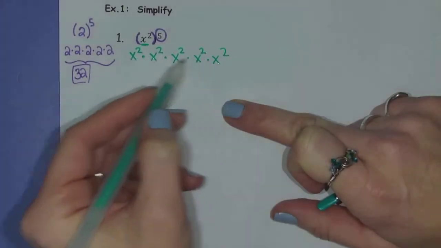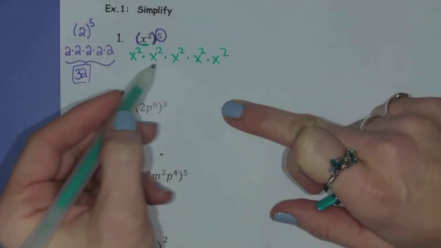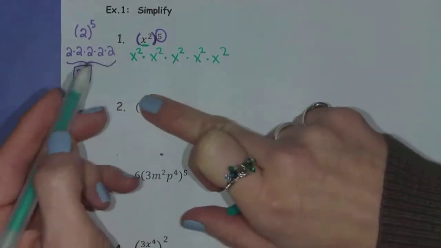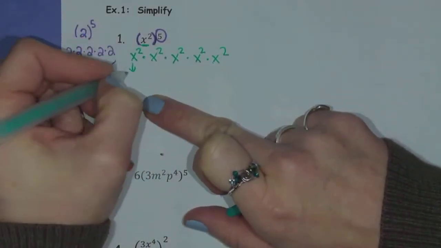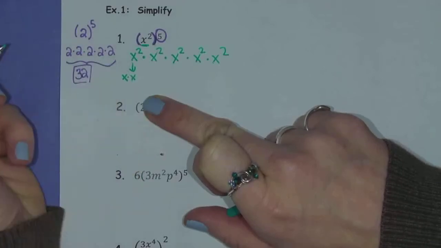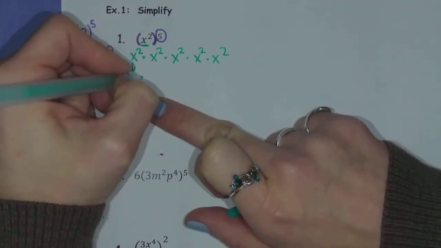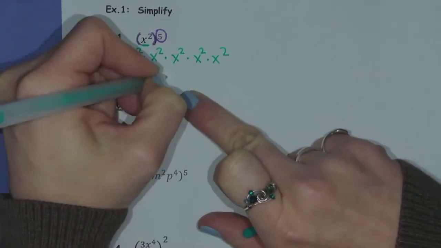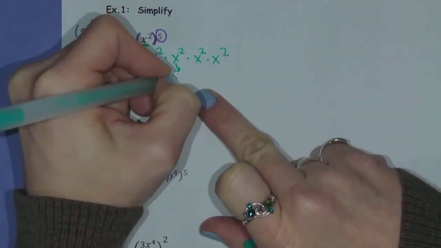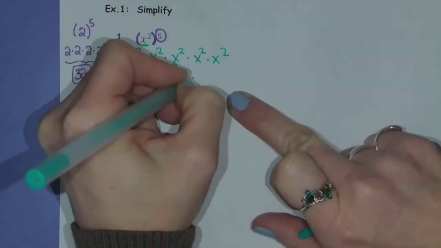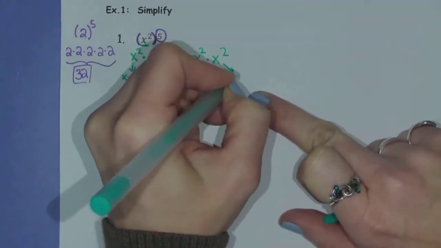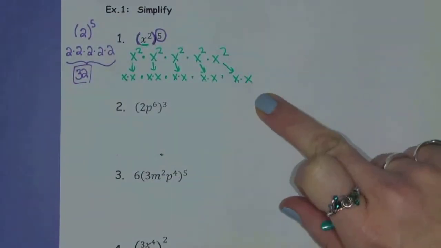Now you know from yesterday's product rule we can break each of these x squareds down further. So let's do that. This x squared right here means x times x. Then I have this times sign, and this one means x times x, and a times sign, x times x, x times x, and finally, x times x.